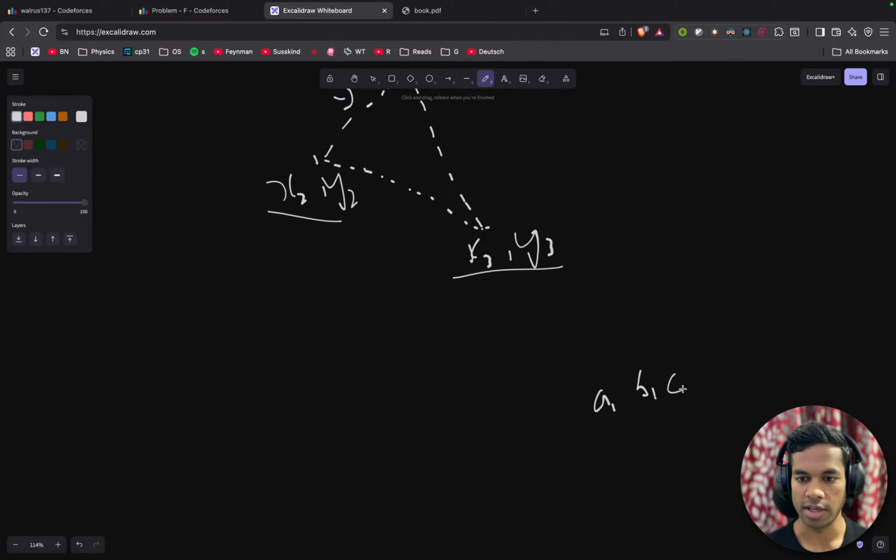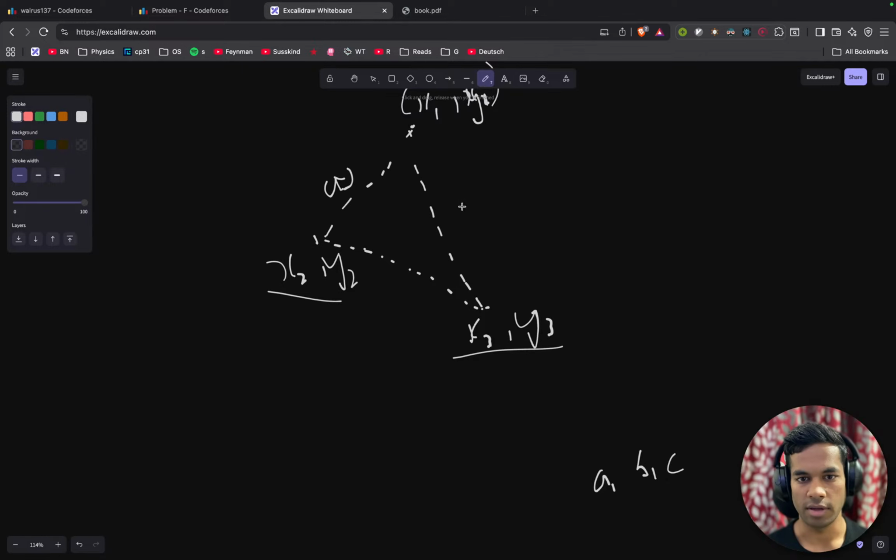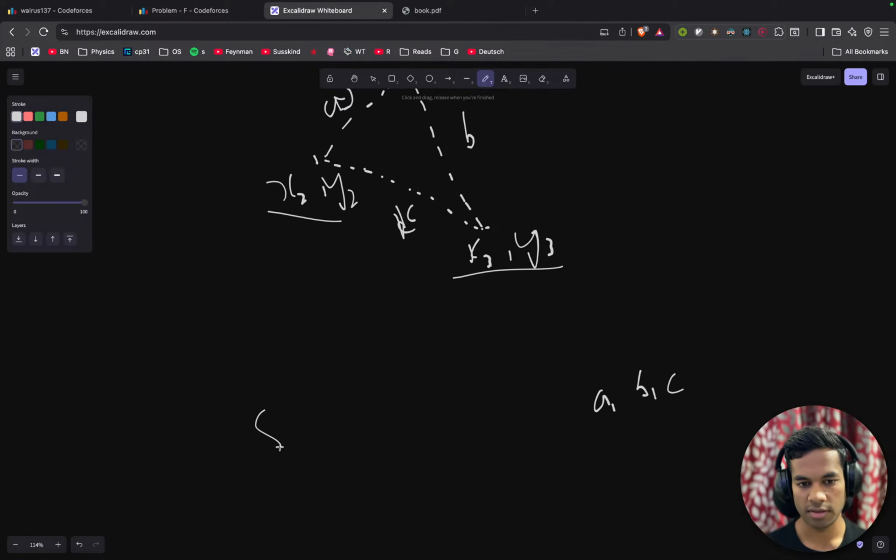If the sides are A, B and C, this side is A, this side is B, this side is C. If you have three sides, there is a thing called S, A plus B plus C divided by 2.